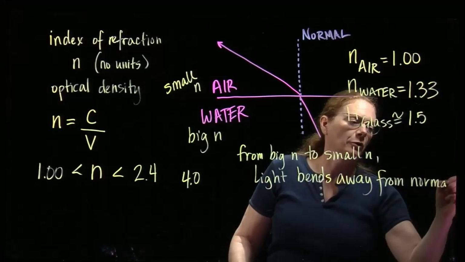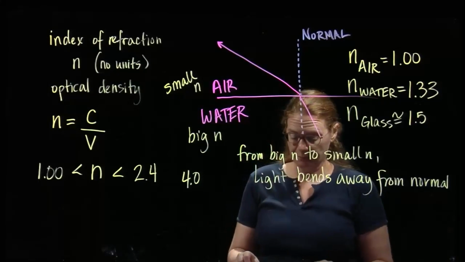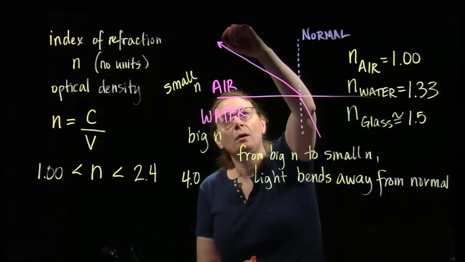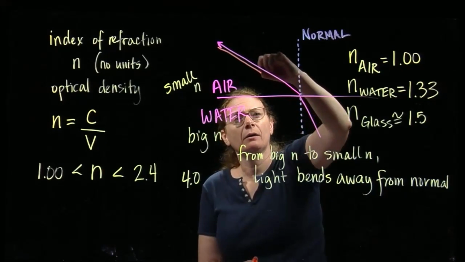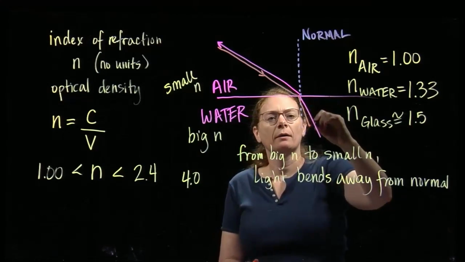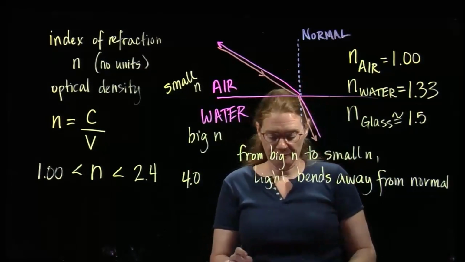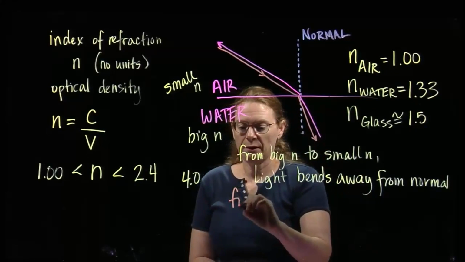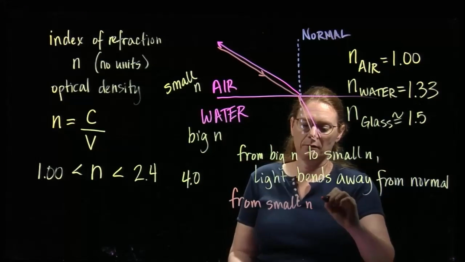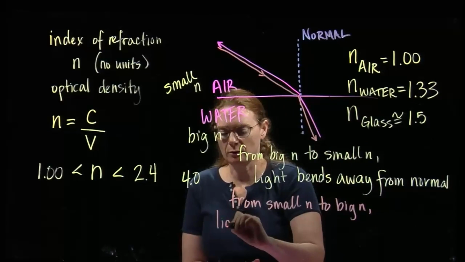And then you can probably guess if we go the other way. If we go from air, now I'm going to go this way, into water, these two will match up exactly the same. And so from little to big, from small n, small index, to big index, light bends towards the normal.